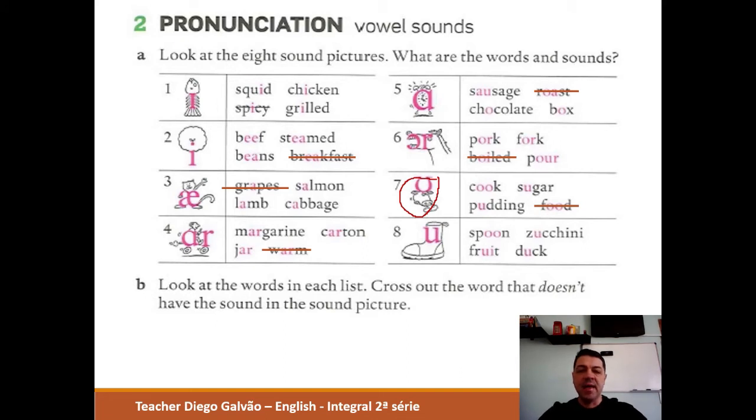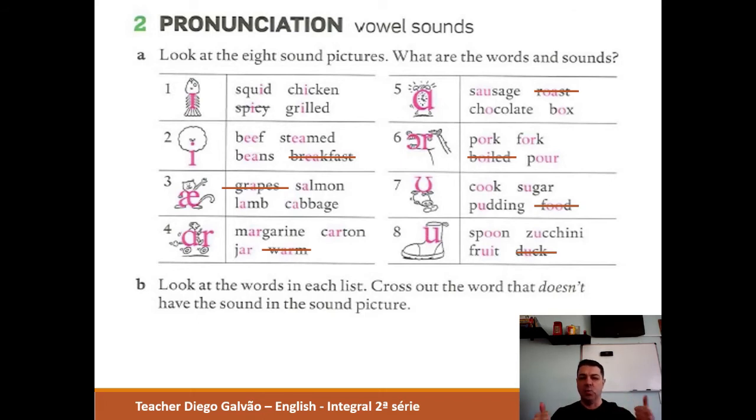And finally, now we have the sound of spoon. Spoon is longer. So as you have a longer sound, the different word is duck, because we have spoon, zucchini, fruit. Duck is totally different. So far so good, guys? No problems? Yes?